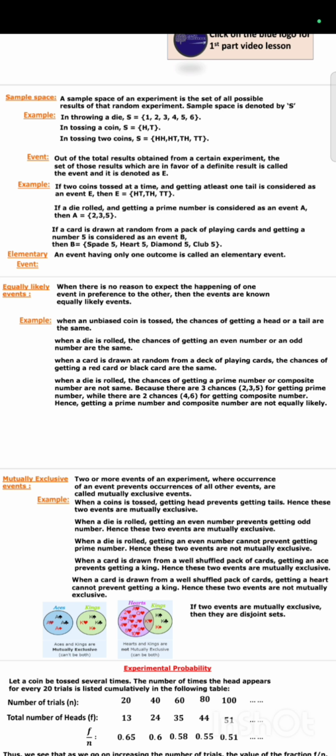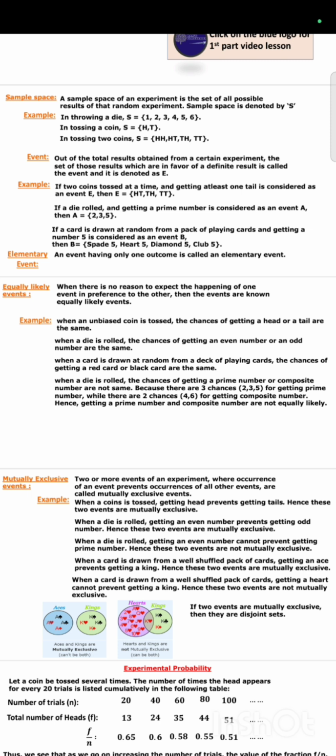If you get head as the outcome, it prevents the other outcome, tail, from coming. If we get tail as an outcome, then tail stops head from coming. This is about equally likely events.